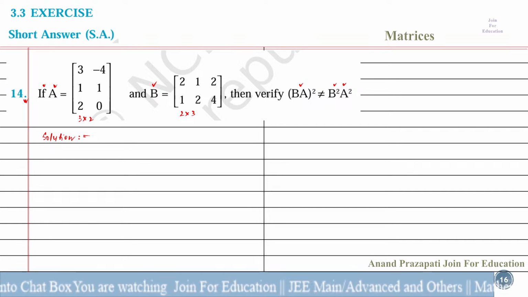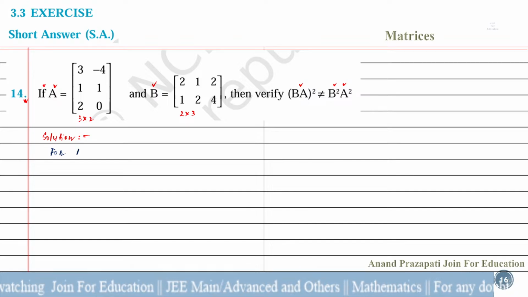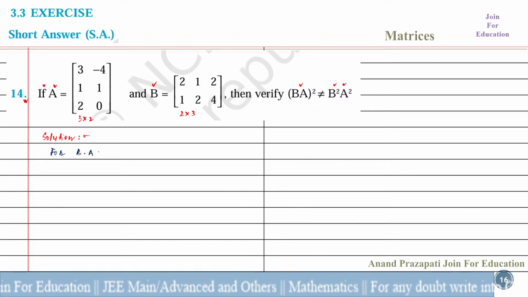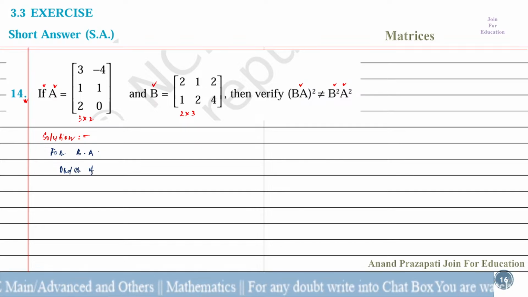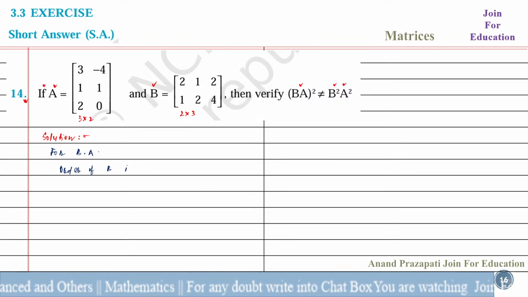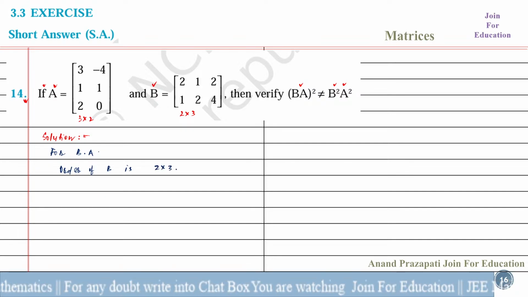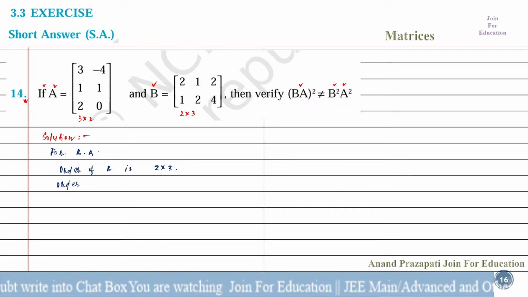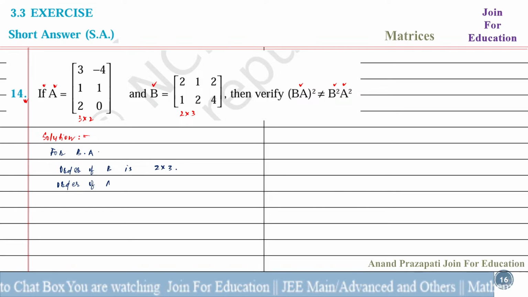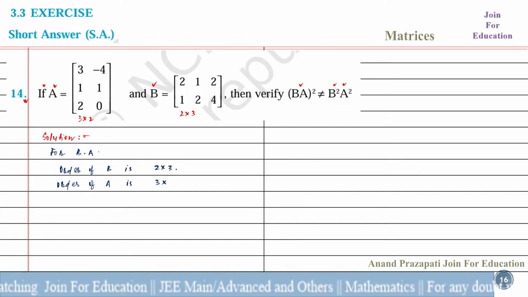So we write down here for BA, B into A. Order of B is 2 by 3, and order of A is 3 by 2.